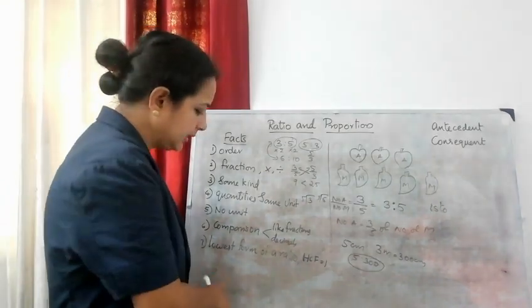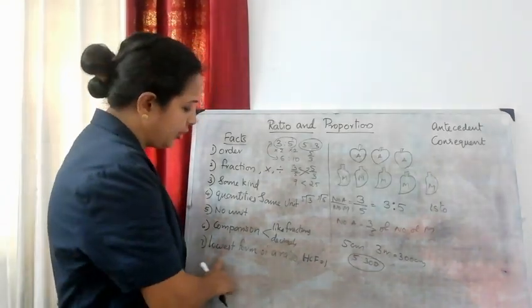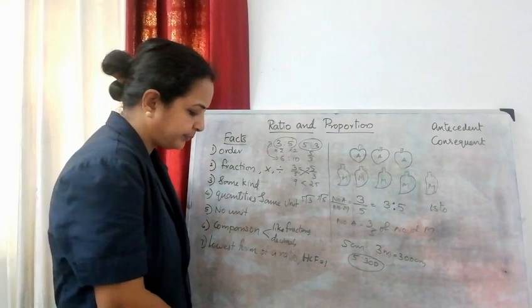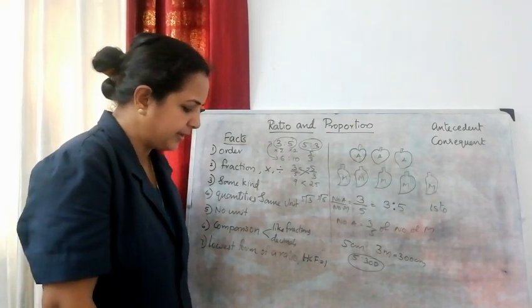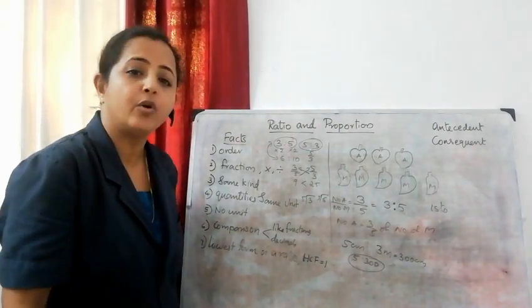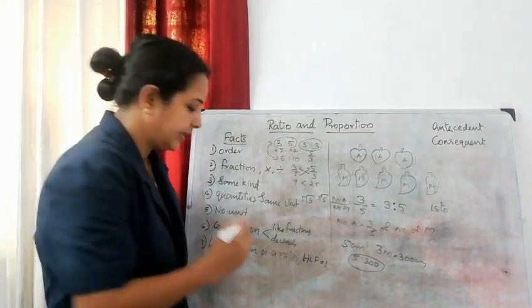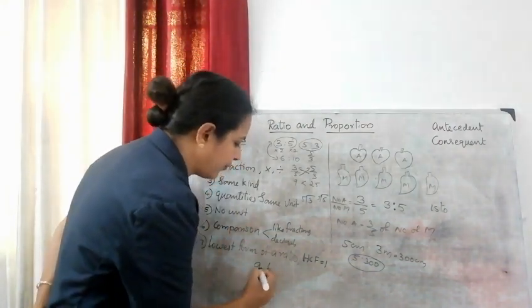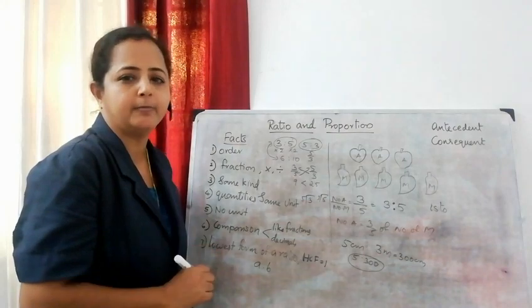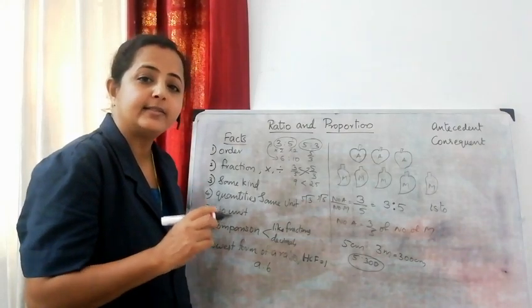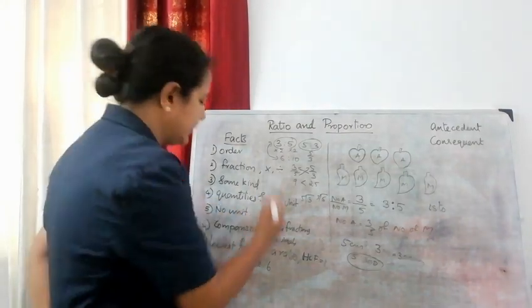Okay. Next, the lowest form of a ratio. A ratio A is to B, equal to A by B, is in the lowest form when the HCF of A and B is 1. Take 6 is to 10.